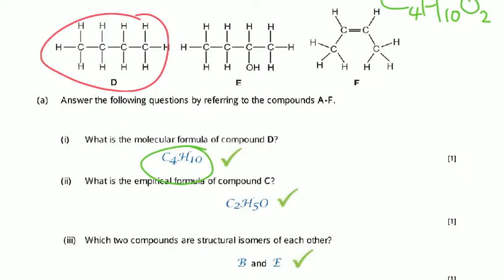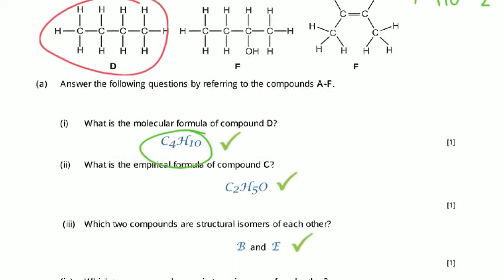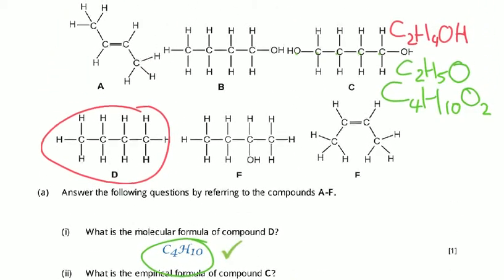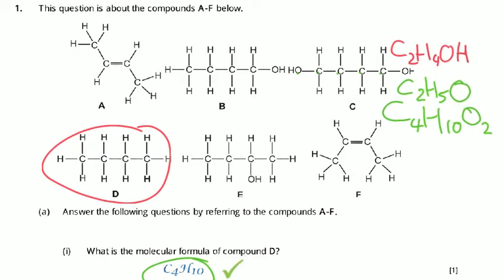Part 3 is now asking which 2 compounds are structural isomers of each other, and if we scroll back up to the list, we're looking for 2 compounds which have exactly the same molecular formula but different arrangements of atoms in space.